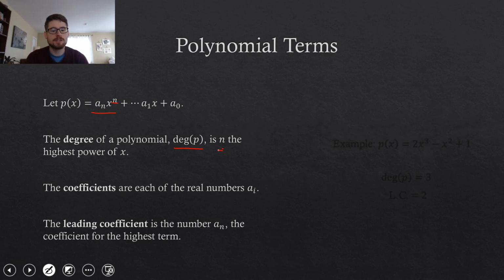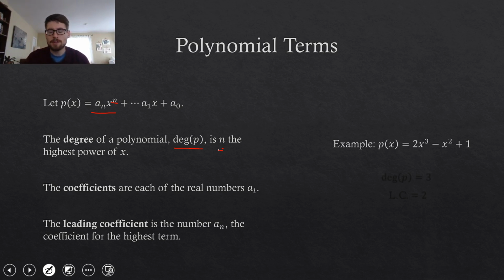It's the coefficient for the highest term, the one with the biggest power of x. It's going to have significance when we're interested in end behavior later on: what do polynomials do when you plug in very large values of x, and do they go to infinity or negative infinity?